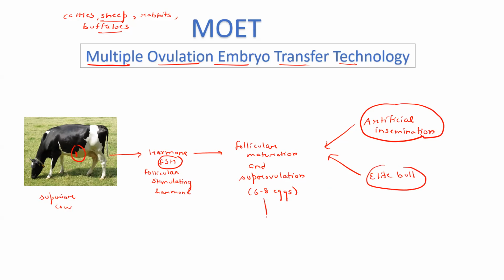After fertilization, the fusion of male and female gametes, we will get an embryo at the 8 to 12 cell stage. Now, we will remove this embryo non-surgically.